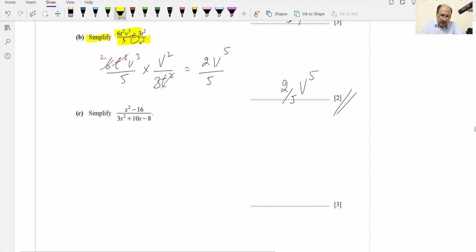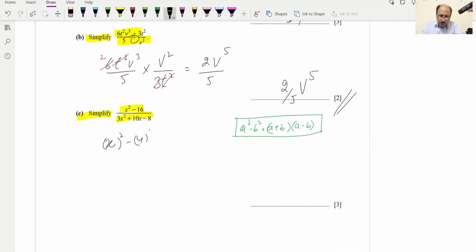C part, simplify this algebraic expression. We have an algebraic fraction to simplify. So the numerator we can write like a squared minus b squared. You know the formula, a squared minus b squared is equal to a plus b into a minus b, and we will be using this formula. So we can write first x squared minus 4 squared over, and the denominator will be factorized.